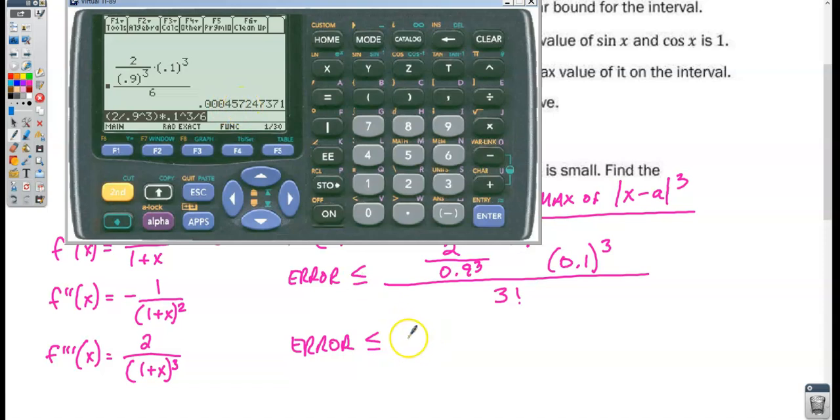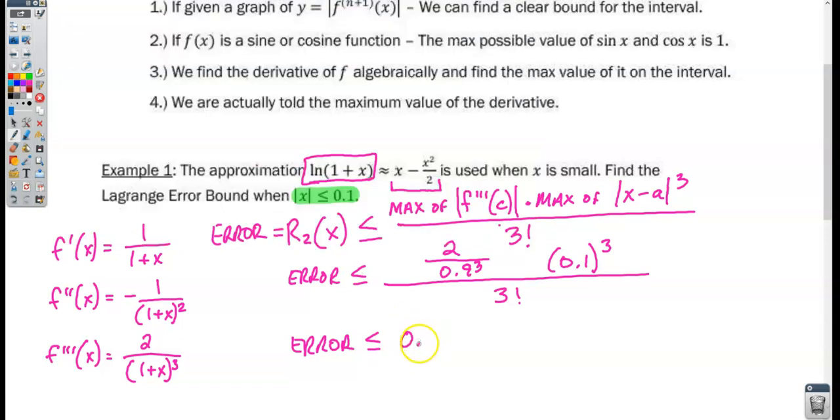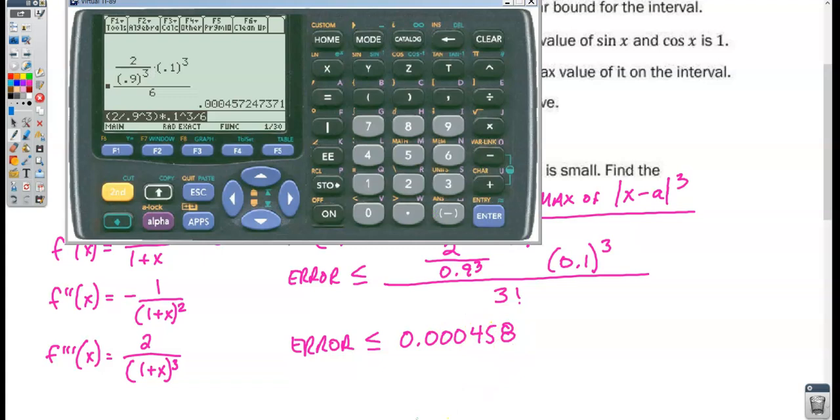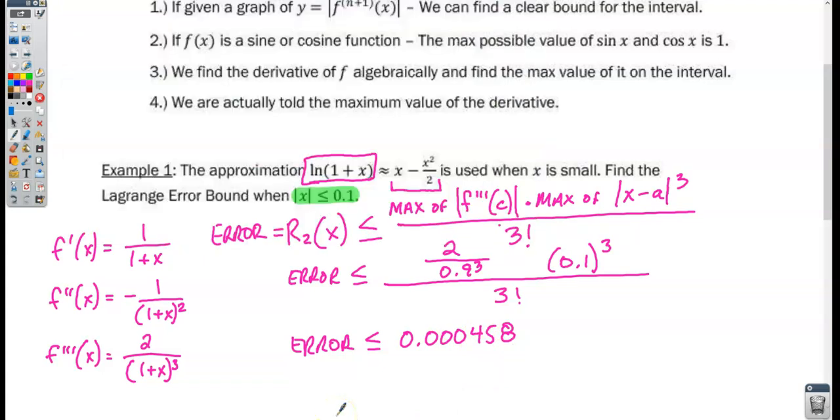So we're going to round it up, and so this is going to be 0.000458, and that is rounded to 3 non-zero decimal places, and that is going to be our Lagrange error bound for example number 1.